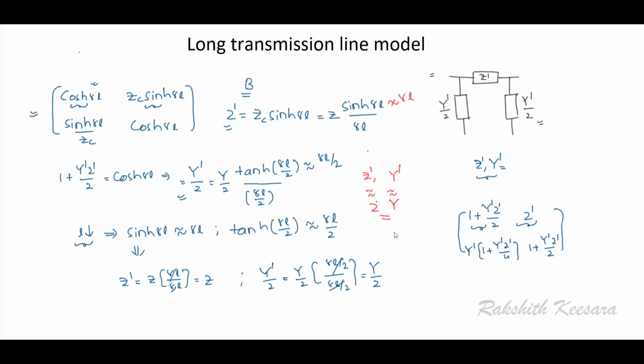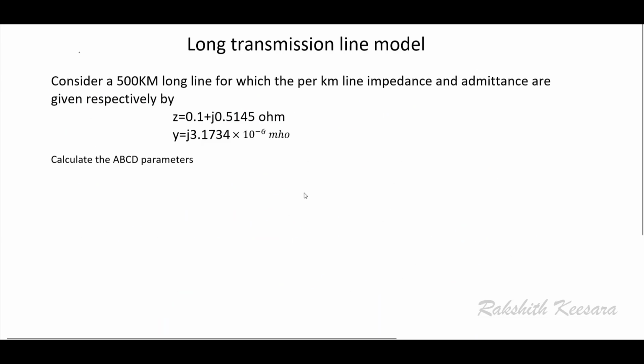Otherwise, I can tell that the approximations which I made while analyzing short and medium transmission line, they are actually accurate. So this is proved here. Take the ABCD parameters of long transmission line and decrease the length, and that turns out to be ABCD parameters of the medium transmission line. That's it.